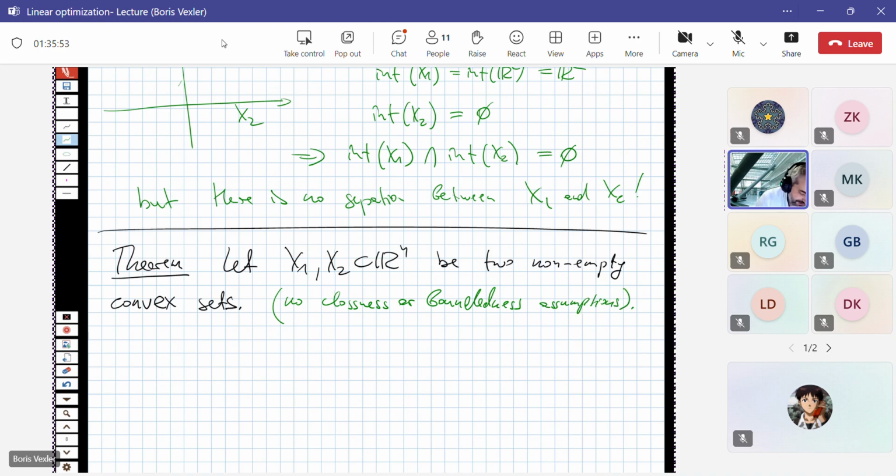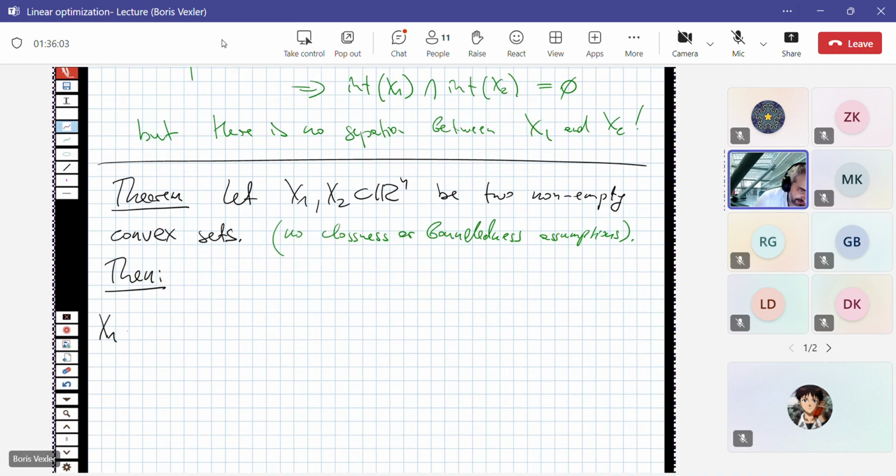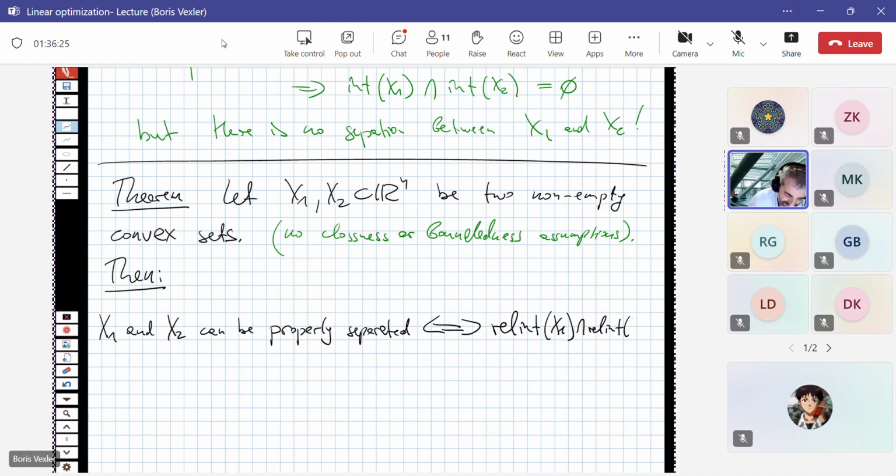Then the following statement holds: x1 and x2 can be properly separated, I will recall in a moment what this means, if and only if the relative interior of x1 intersected with the relative interior of x2 is equal to the empty set.